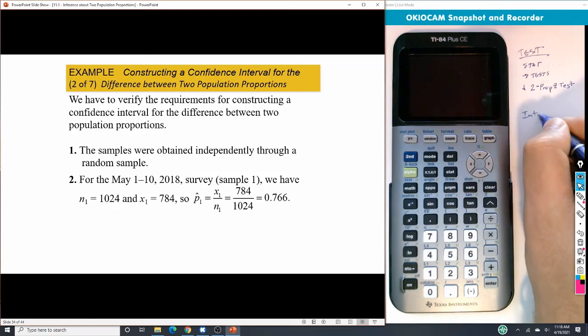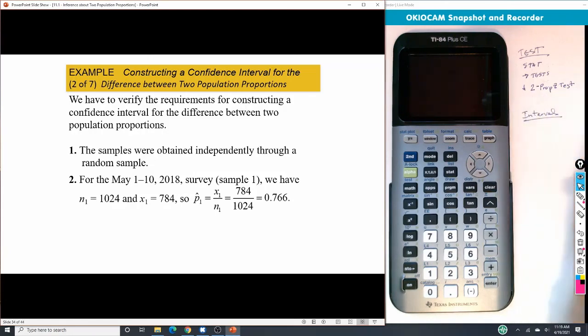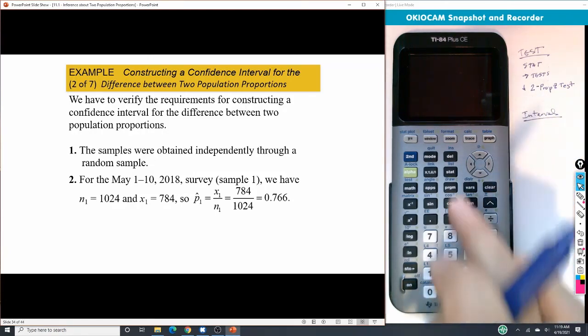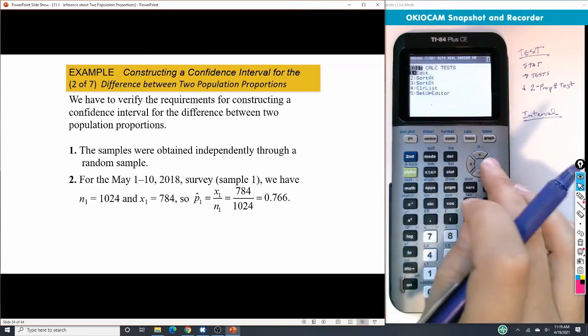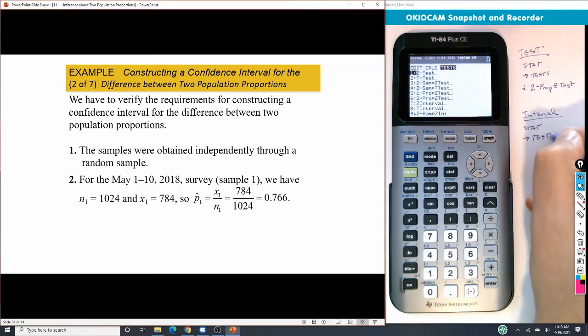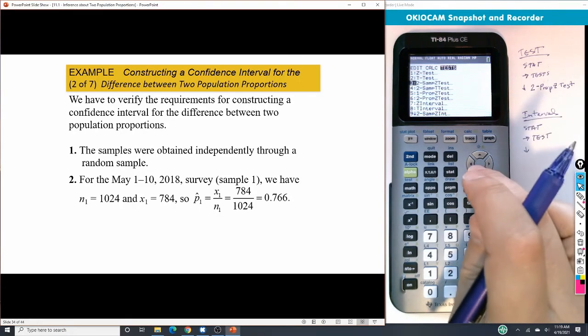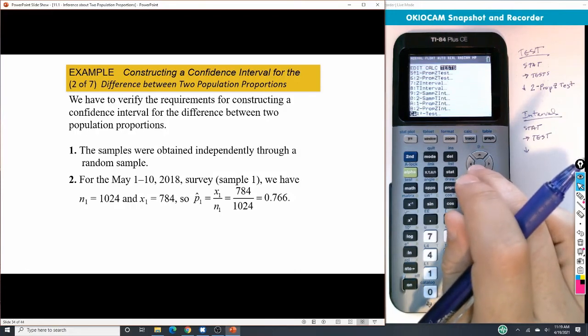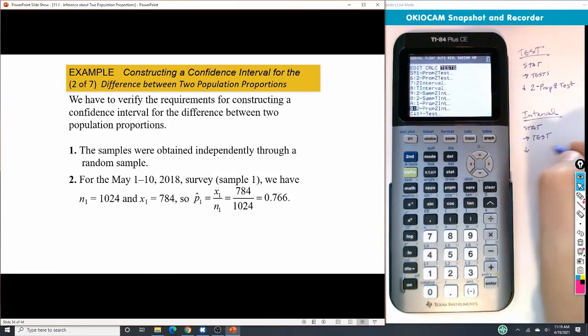What about the interval? Okay, so for the interval, again, we are going to go back into stat. We're going to move over to tests. And then we're going to go down to 2 prop z interval. 2-PropZInt.